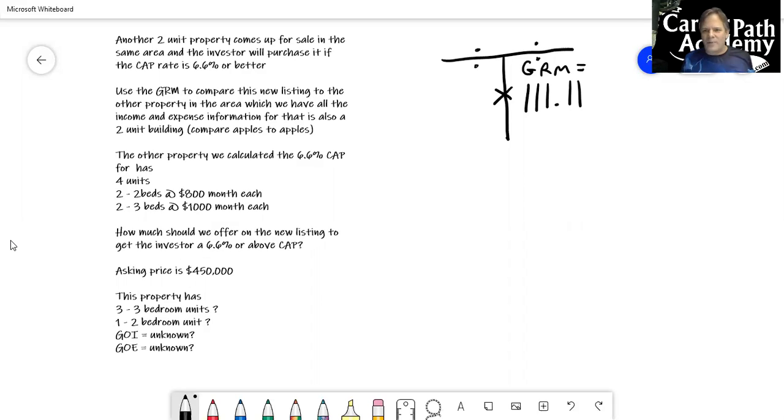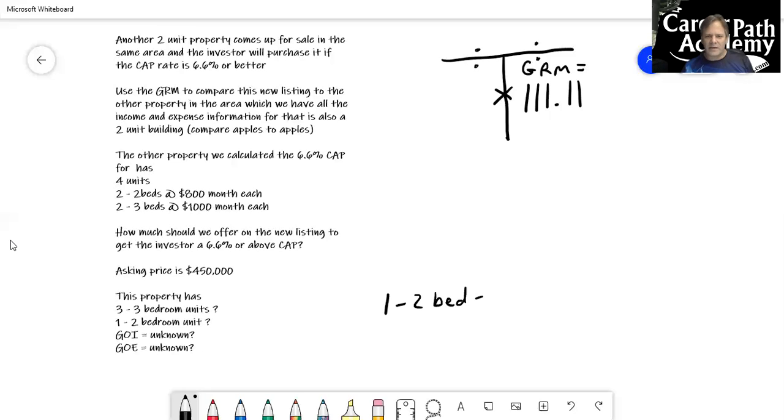Yeah, barring that one property is a shithole and the other one's really nice, they should be in the same ballpark, right? So let's just say that we already know that 2 bedrooms are renting for $800 each, right?